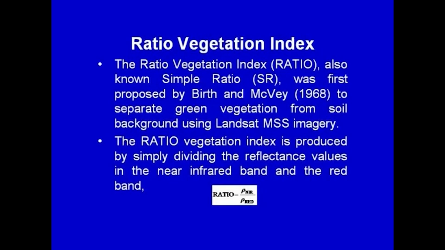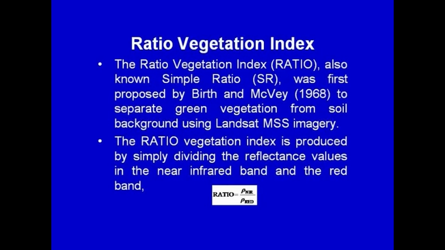First is the ratio vegetation index, commonly known as ratio or simple ratio, and was first proposed by Birth and McVie in 1968 to separate green vegetation from soil background using Landsat MSS imagery.